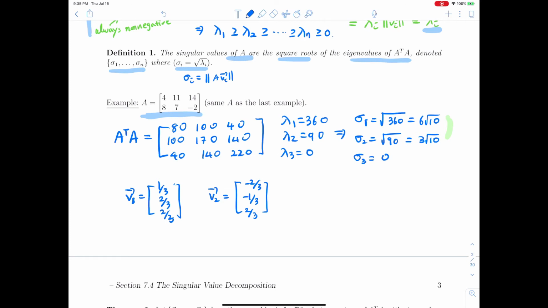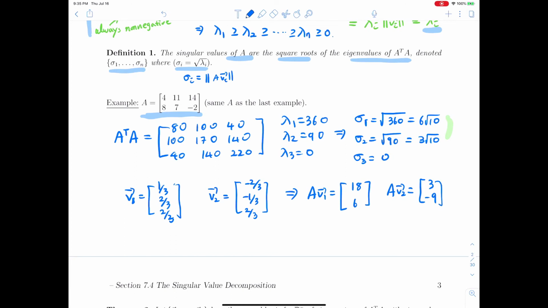And for eigenvectors for non-zero singular values, we can observe one interesting fact. If you calculate A v1, then this gives you 18 and 6. And A v2 gives you 3 and negative 9.